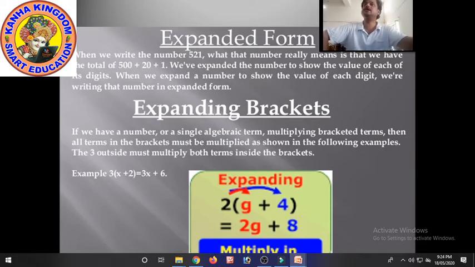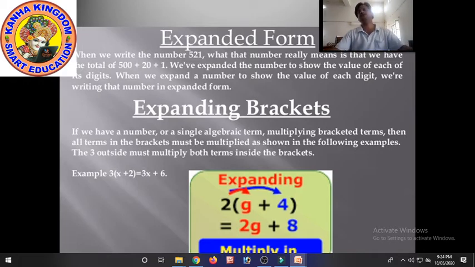In the previous classes there were small numbers like 99. How to expand 99? It has only 2 digits. The right hand side digit is the 1's digit and the left hand side digit is the 10's digit. Means 90 plus 9 equals 99.